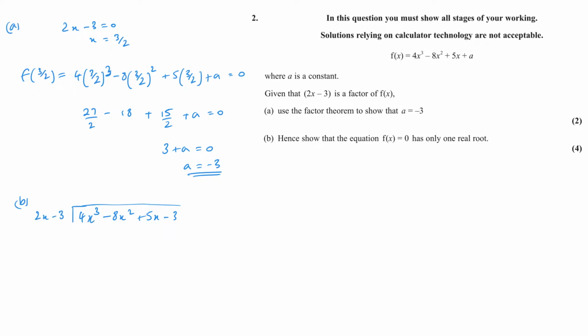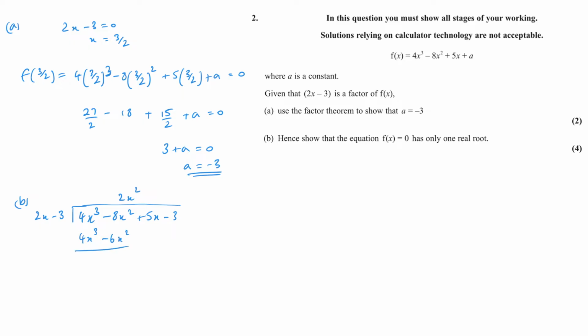So dividing here first 2x into the 4x cubed, that leaves me 2x squared, and then multiplying, so 4x cubed and minus 6x squared.